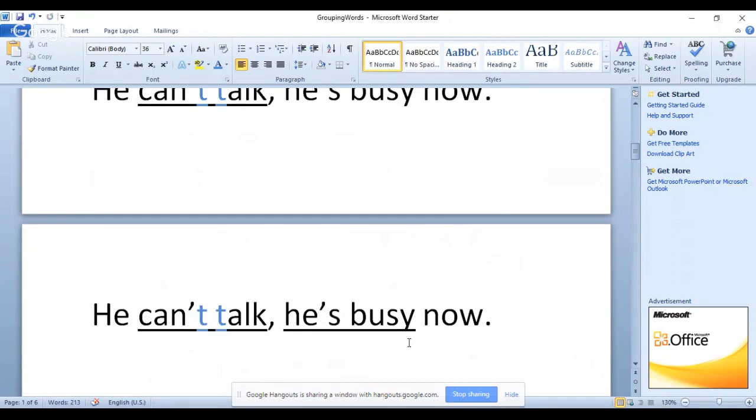He can't talk. He's busy now. So we say he very quickly because we kind of understand. You've probably asked, oh, where is John? Oh, he can't talk. He's busy now. So as we're saying this, we don't only link these words together, but we also use our intonation to go up and down. Do you see how that works?